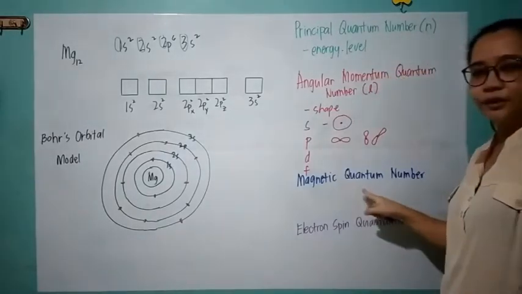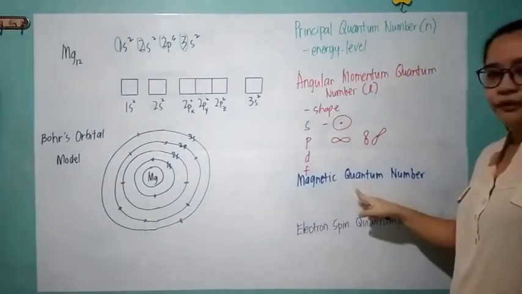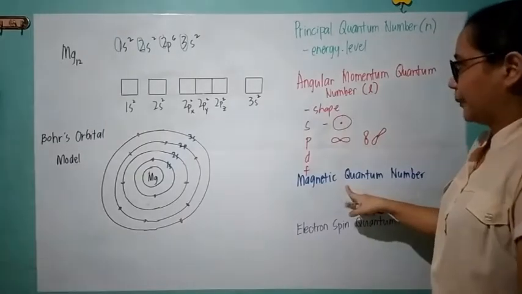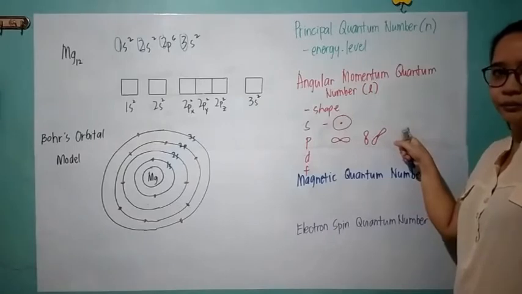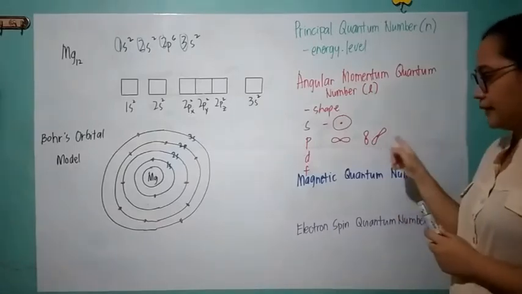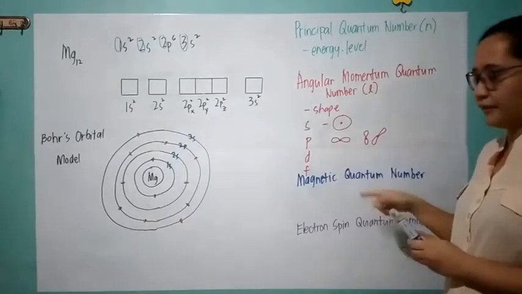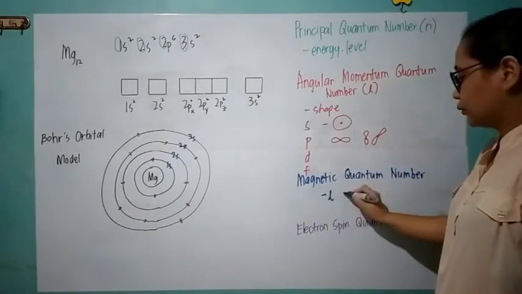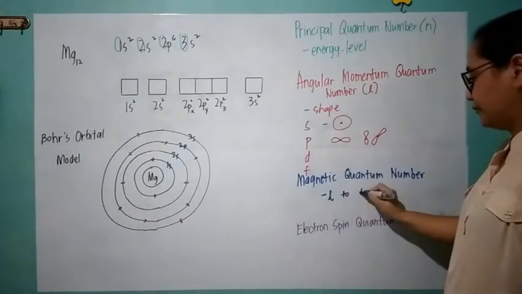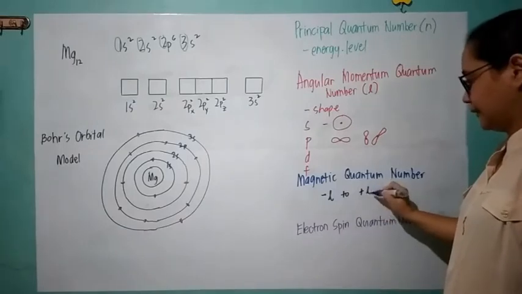For magnetic quantum number, the value of this depends on the value of angular momentum quantum number. Its value is from negative l to positive l.